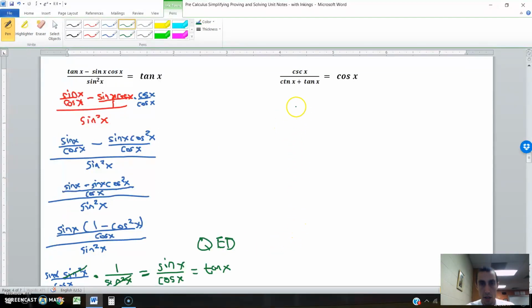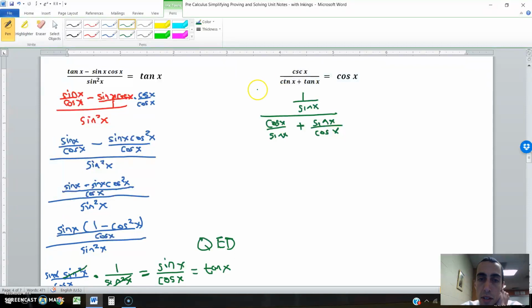Next up. This one I'm going to change to sine and cosine as well. When we do that, we're going to have a bunch of fractions on the left side. But we'll be able to handle it. Now, we've got these two fractions, and what we often do when we have two fractions being added together is we try to find common denominators.